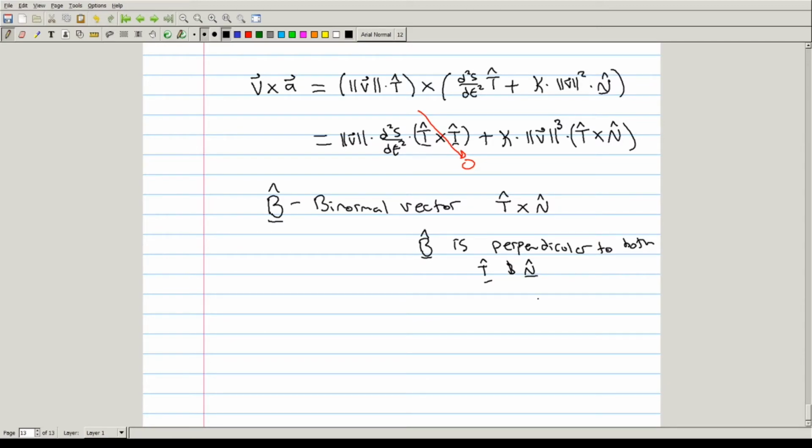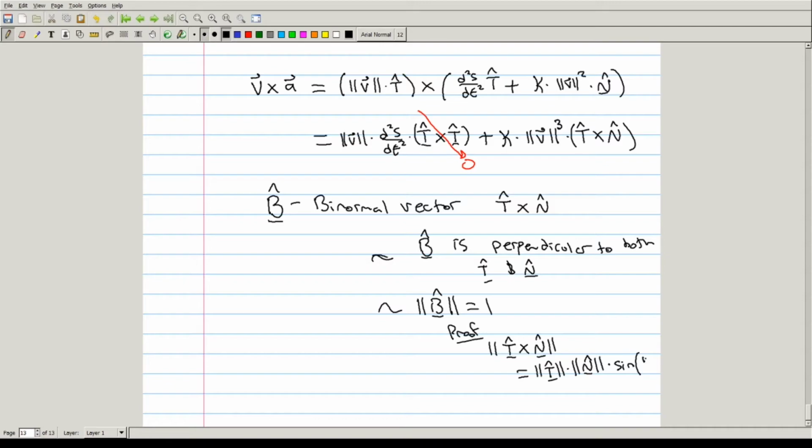And another thing that we can prove is that the length of b hat is equal to 1. The proof of that is very, very straightforward. The magnitude or length of any cross product from chapter 6 is the length of the first vector times the length of the second vector times sine of the angle between them.